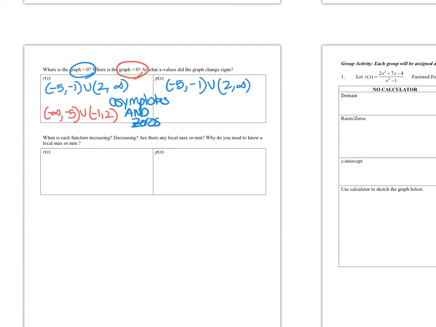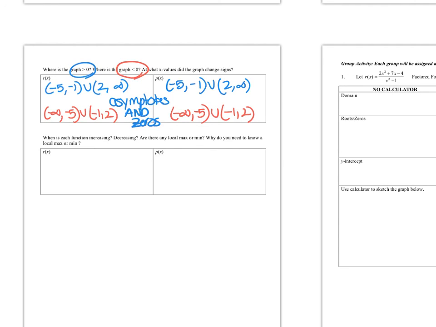And then for p of x, -infinity to -5, and then again, -1 to 2. Okay, because you have to think about it: if you're doing positive divided by a positive, it's positive whether the positive numbers are in the numerator or the denominator. So that's why those have the same.